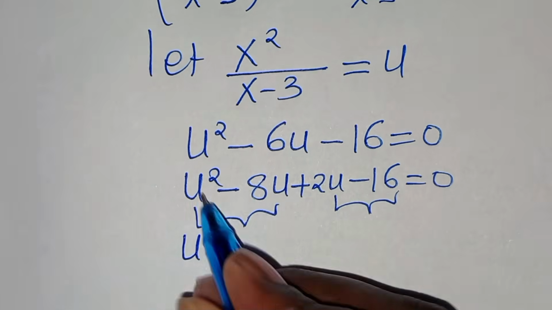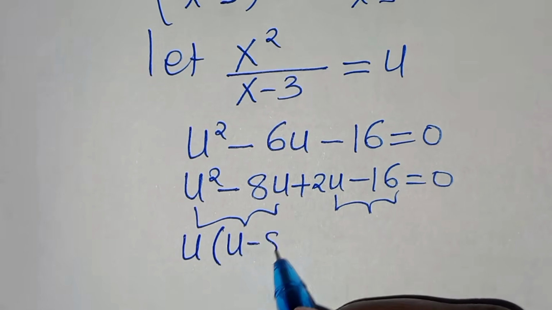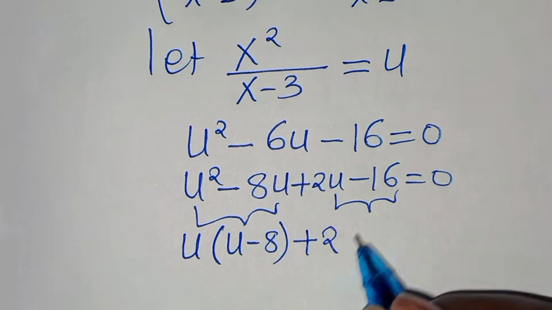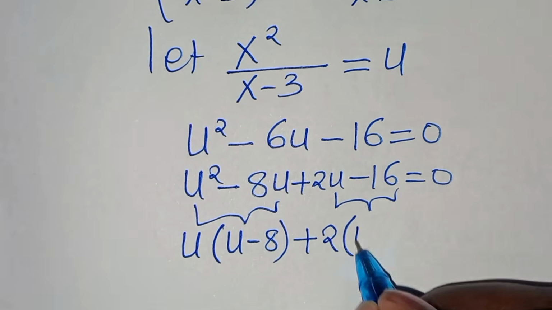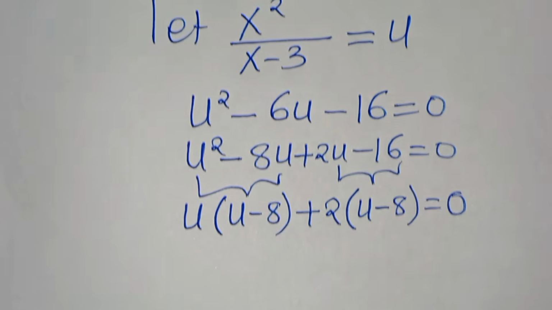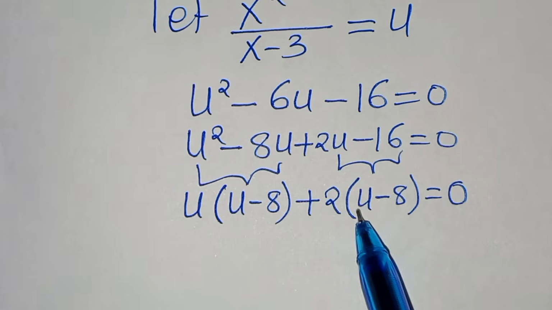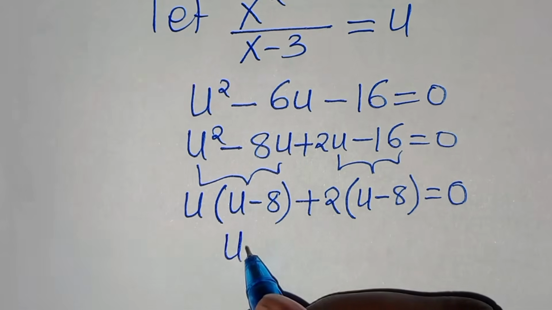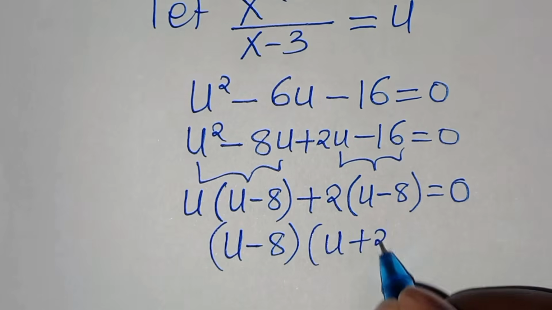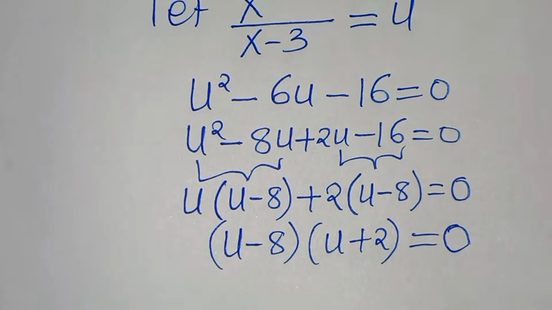We can factor out u so that we have u minus 8, then plus, the second part here, 2 is common. We can factor out 2 so that we have u minus 8. This is equal to 0. So we have that u minus 8 is common here. So we can factor out u minus 8 multiplied by u plus 2. This is equal to 0.